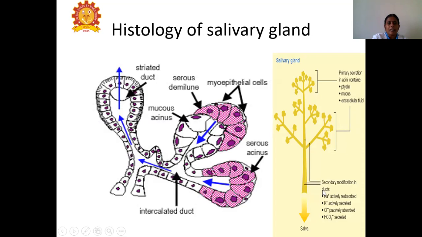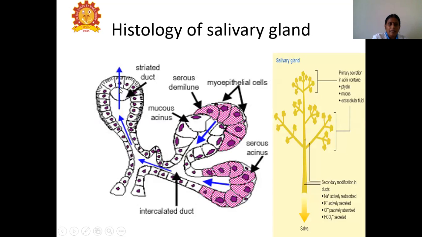Histology of the salivary gland. If you take the salivary gland, this part is called the acinar part, and this one is the ductal part. So the salivary gland consists of acinar cells and ductal cells.